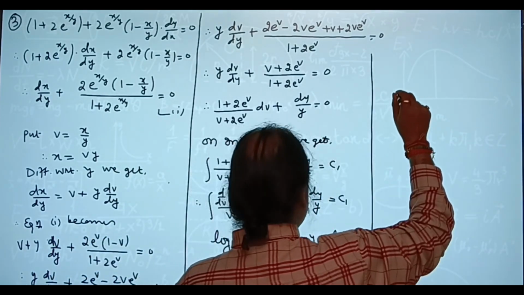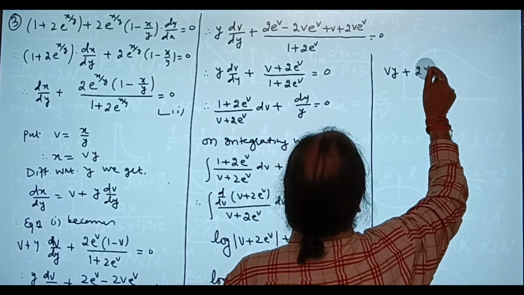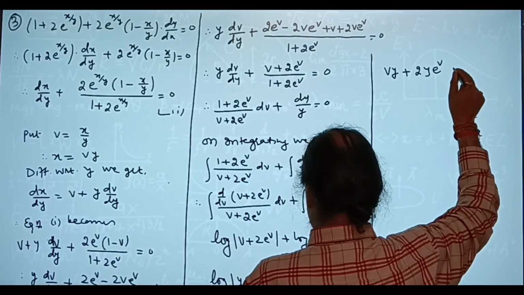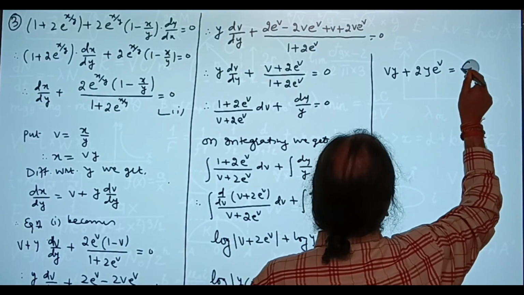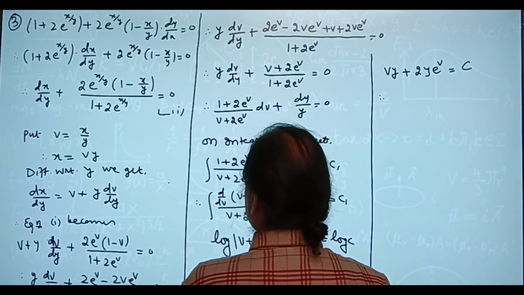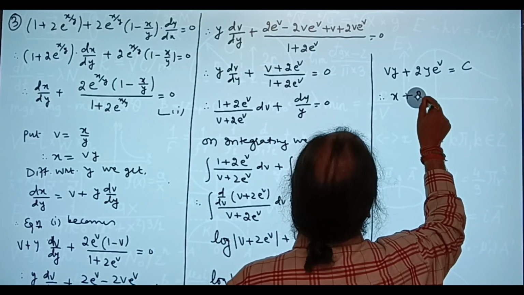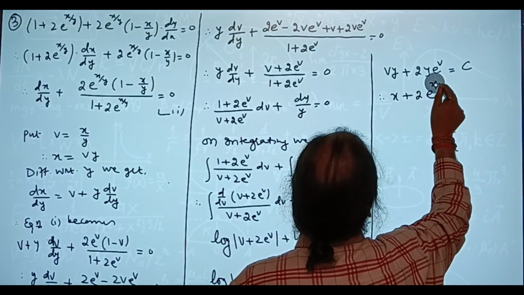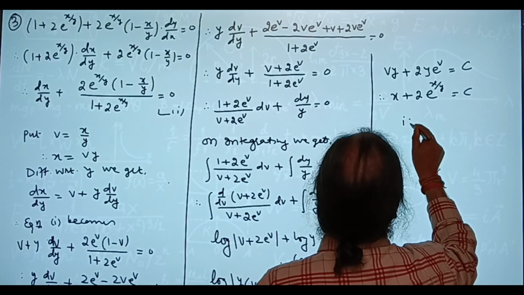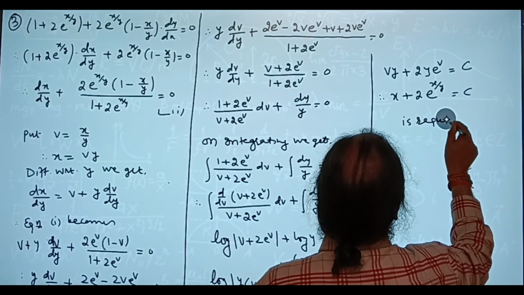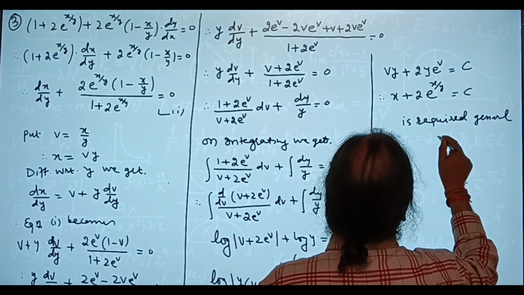Therefore, vy plus 2y e raised to v is c. vy is what? x plus 2y e raised to x by y is c, the required general solution.